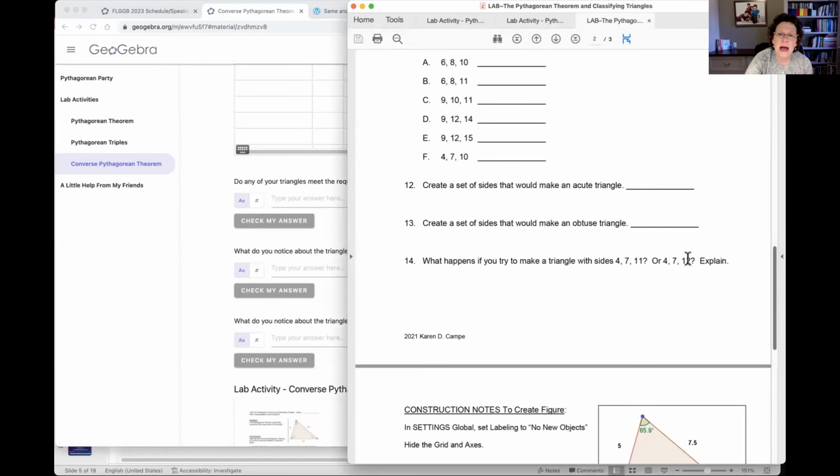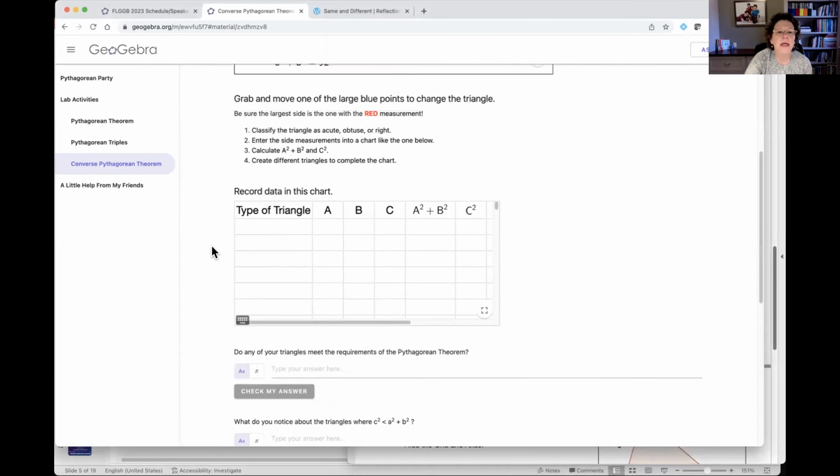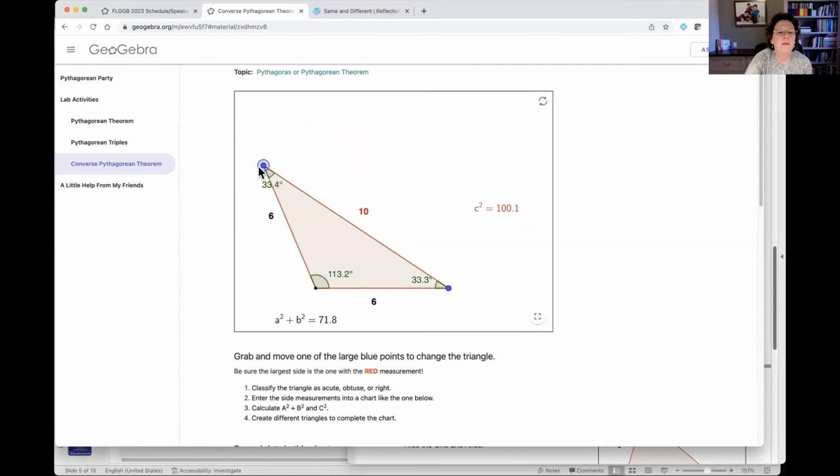And this gets at the additional issue of the triangle inequality property. Students get so excited about being able to make an obtuse triangle that they just pick numbers like, here we go, I've got 6 and 6. So they're going to go 6 and 6 and 15. Well, we can't make 6 and 6 and 15. It will not work. Okay, so students can play around with that.